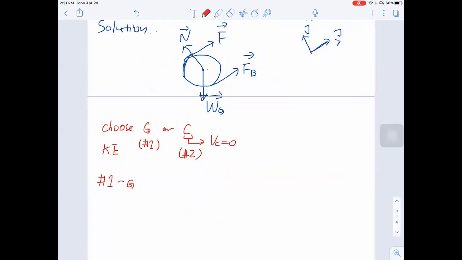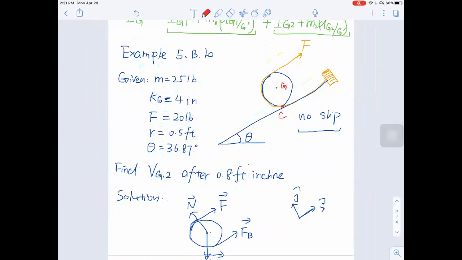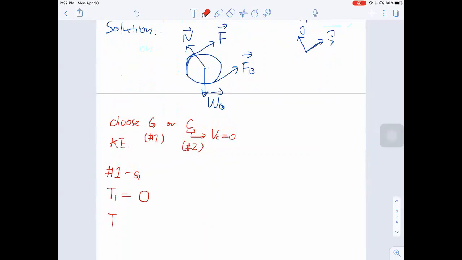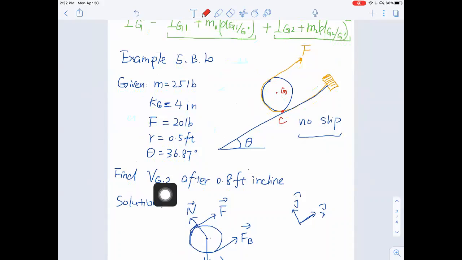Okay, use point G. Then let's look at the kinetic energy at position 1. The force is applied when everything is at rest, so at the beginning nothing is moving. Therefore, velocity is 0 and T1 is 0. And let's look at T2, the kinetic energy at position 2. Position 2 is after this disk has traveled 0.8 feet up the incline, toward the top of this slope.